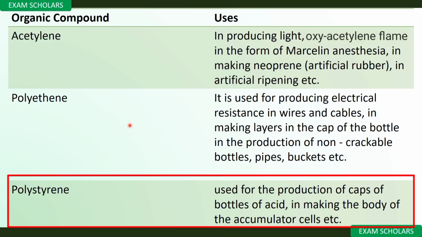It should be a type of plastic that cannot be attacked by acid. So one of the plastics made for that, we use polystyrene for it. Don't forget that this word poly is coming from polymer, when you form giant molecules. Okay, now polystyrene is used for production of caps of bottles of acid and in making the body of the accumulator cell.